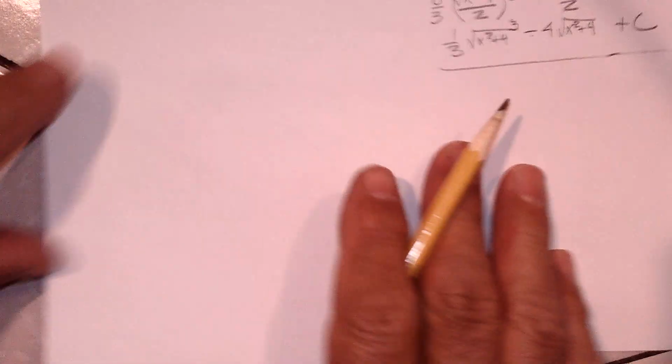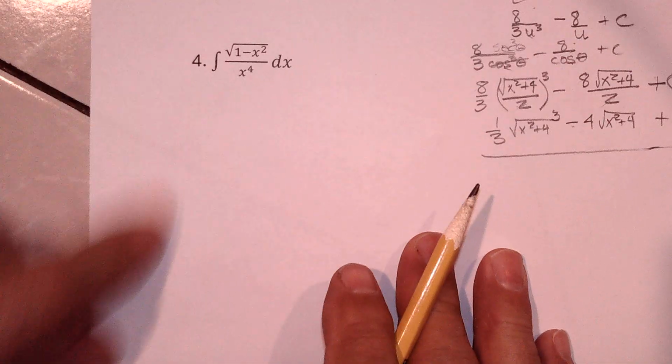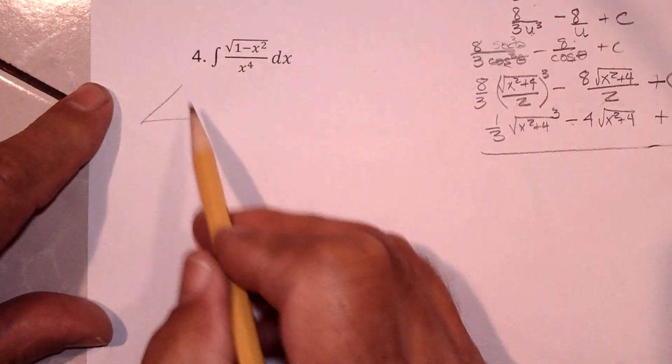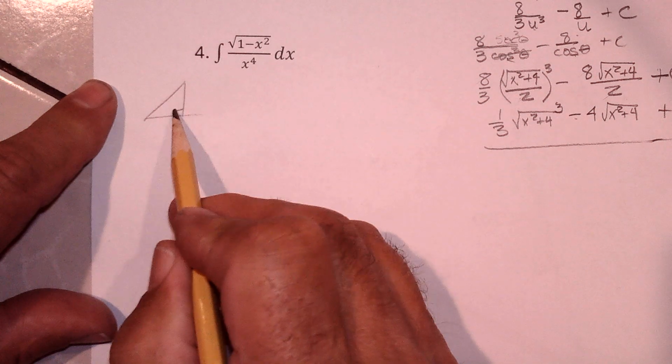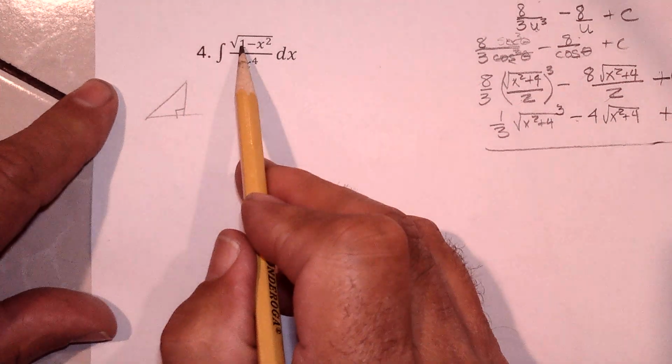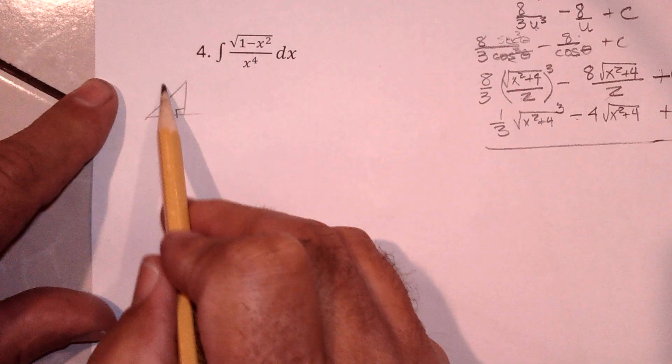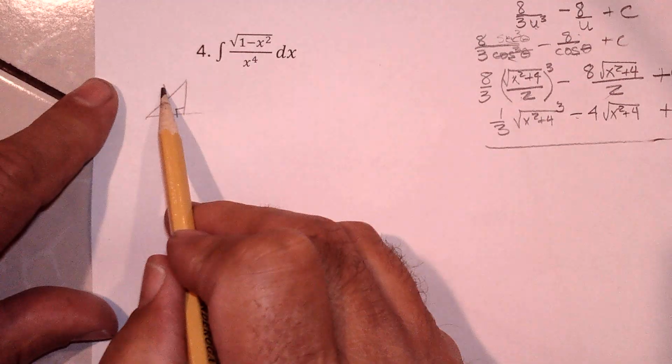Okay. Now this one. So the x is being subtracted from the 1, so I got to put 1 here. The square root of 1 is 1.